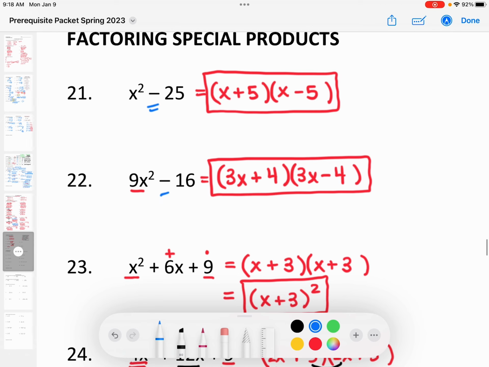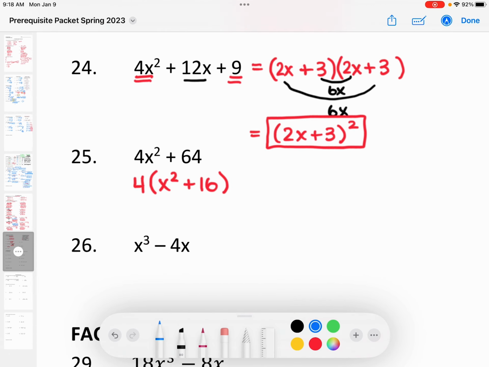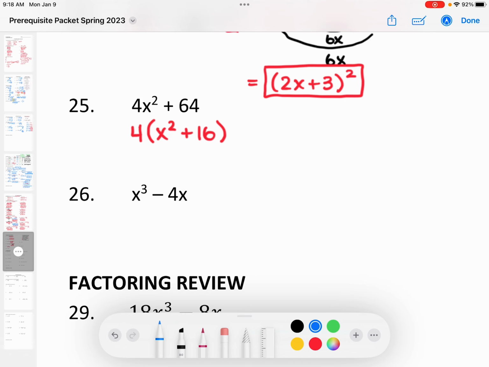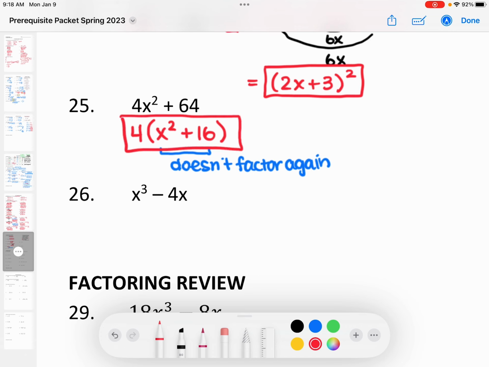Remember, those really only worked because they were subtractions. So I'm here to tell you that if you ever have a square plus a square, this part doesn't factor again. So this would be actually your final answer.